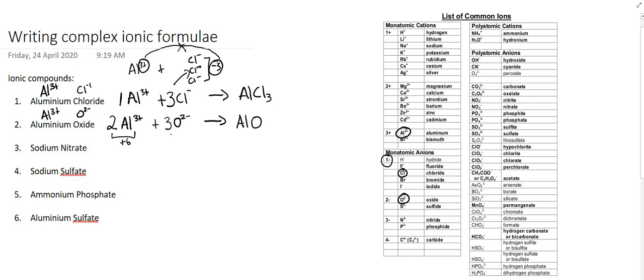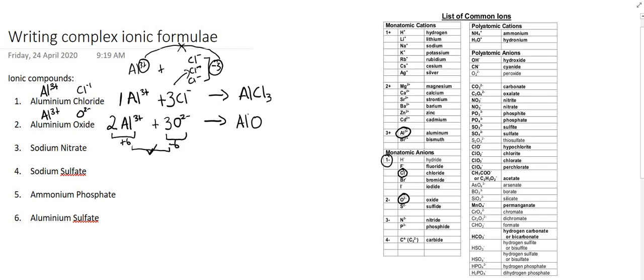Well, it goes 3 times. And so if we do 3 times 2, we have negative 6 charges over here. So can you see how that's helped us balance the charges? We've now got 6 positive charges from 2 aluminiums, and we've also got 3 oxides with a 2- charge, which gives us a negative 6 charge as well. So these are now balanced. We're happy. It's a tick.